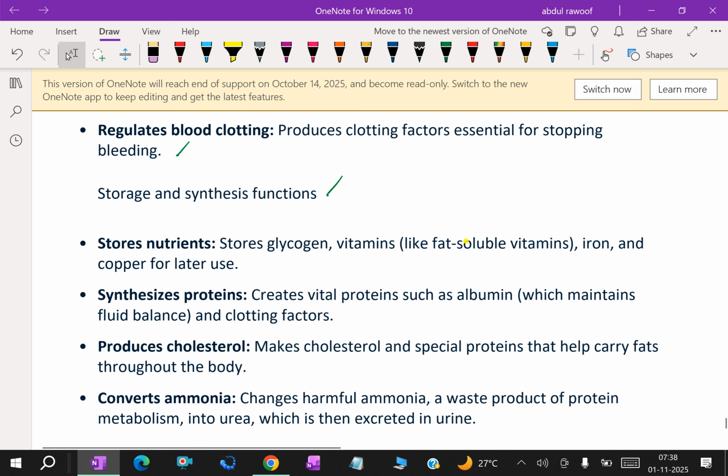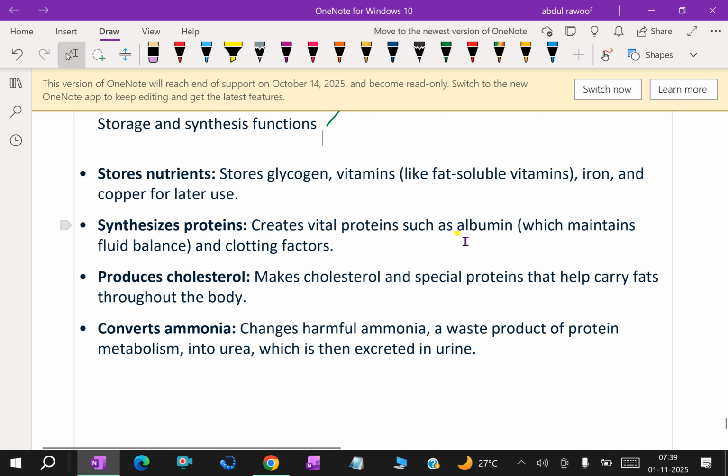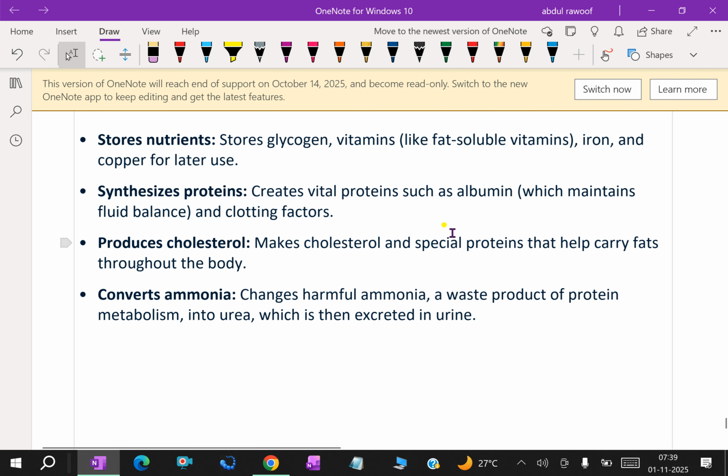Storage and synthesis functions: stores nutrients, stores glycogen, vitamins like fat soluble vitamins, iron, and copper for later use. Synthesizes proteins, creates vital proteins such as albumin, which maintains fluid balance, and clotting factors.